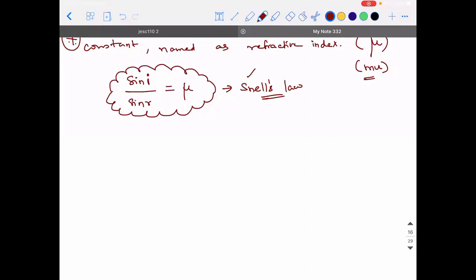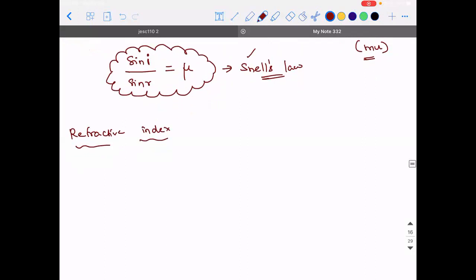Yes, sir. Okay. Now I'm going to define refractive index. Now we need to know the definition of refractive index. Write down the definition.